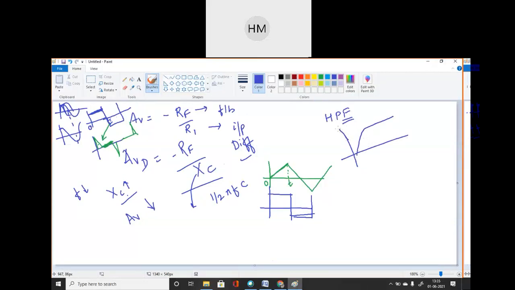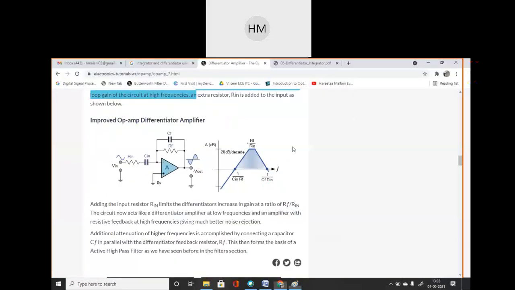This kind of graph I used to get for an HPF circuit. This is my cutoff frequency FL. After FL, my circuit will allow these frequencies to pass. This is gain with respect to frequency. So I can say that this differentiator circuit can work as a high pass filter. You can see an active high pass filter circuit.